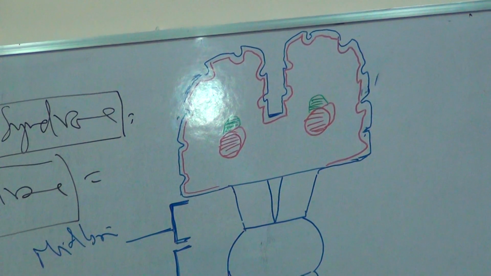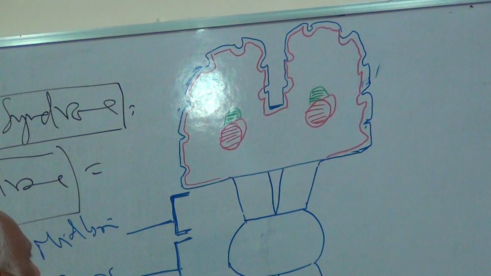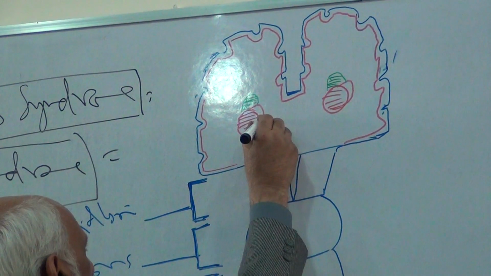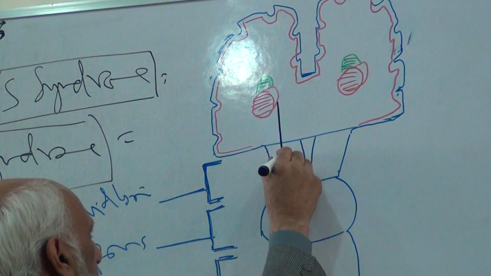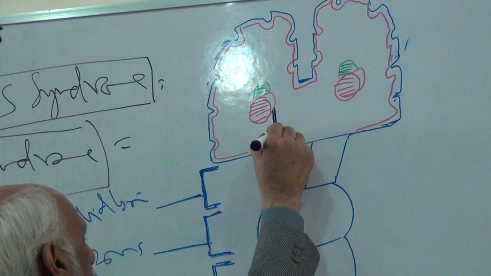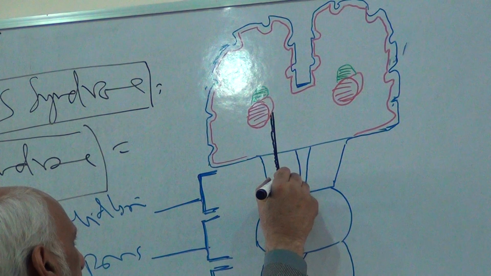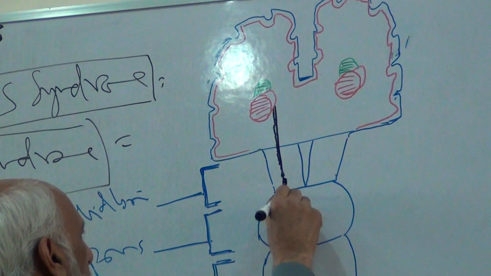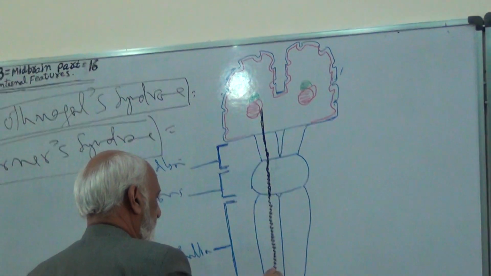Now from the posterior part of the hypothalamus, or posterior nucleus of the hypothalamus, a bundle of nerve fibers arises which descends through the midbrain, pons, and medulla oblongata.